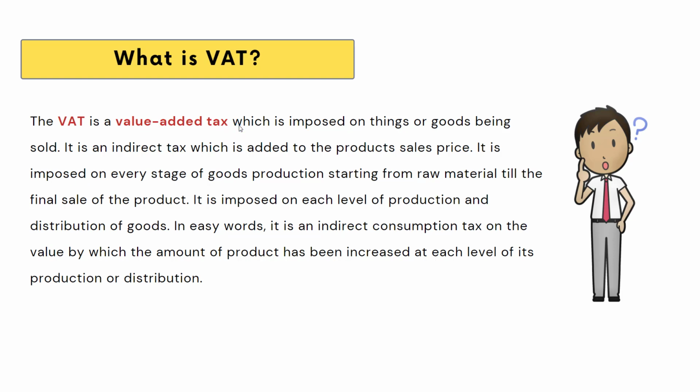The value added tax changes and depends upon the product that you're getting as well. This is all about value added tax: a tax which you don't know how much you're paying, but it is combined with the sales price. That's what a VAT actually is.